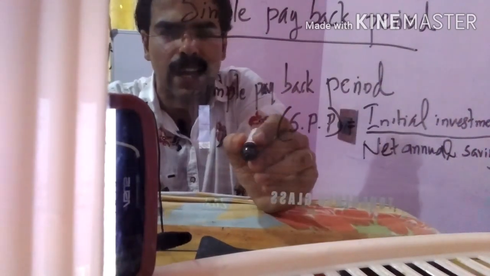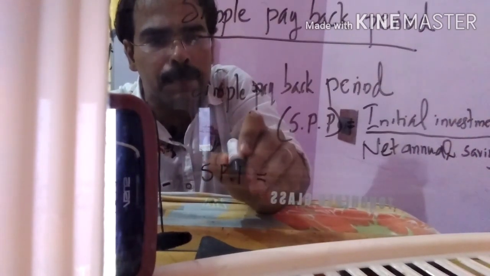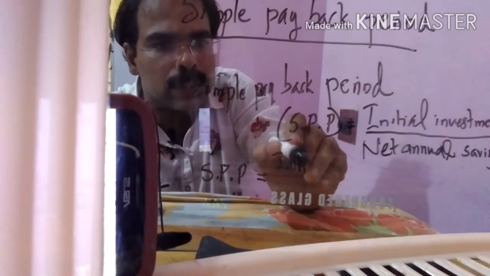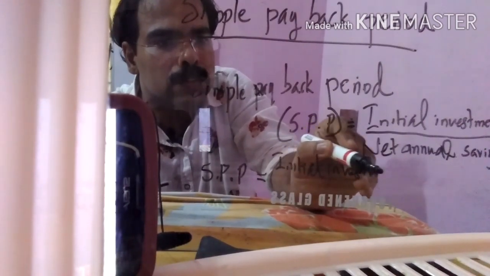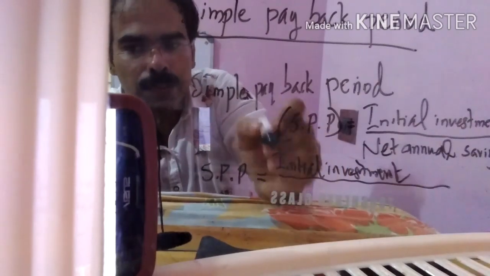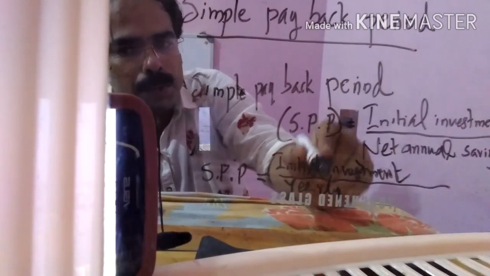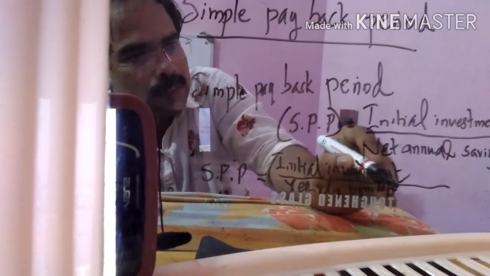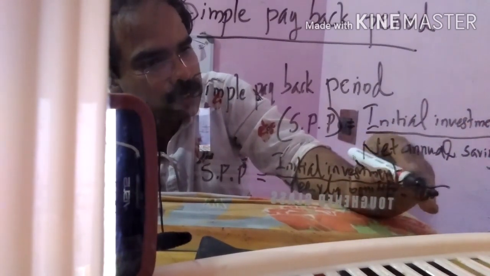Also we can write it as SPP, simple payback period, is equal to initial investment divided by yearly benefits minus yearly costs.